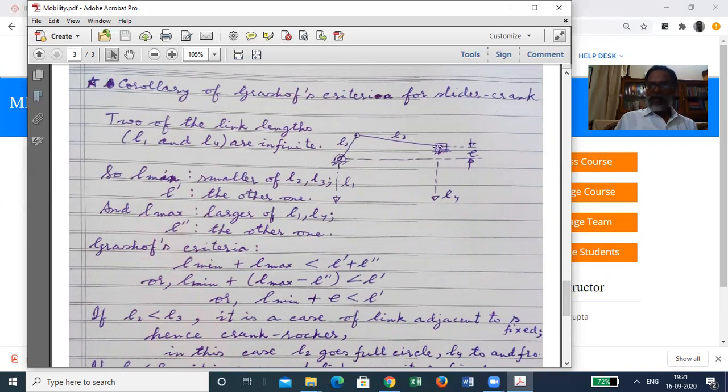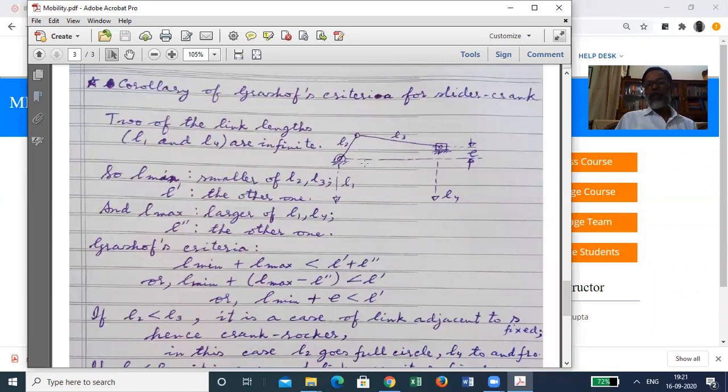Okay. So this 3R1P mechanism can be considered as a 4R mechanism with this link being so long that the fixed pivot is at an infinite distance.